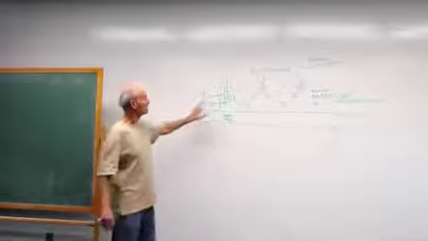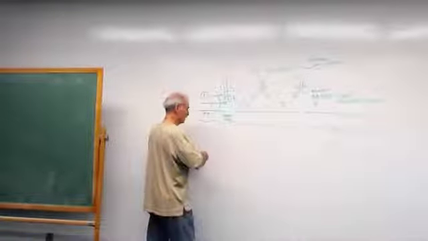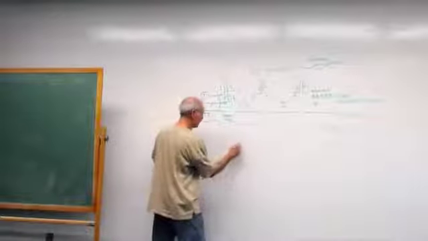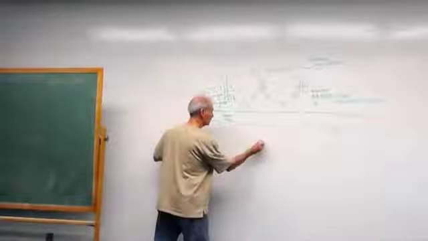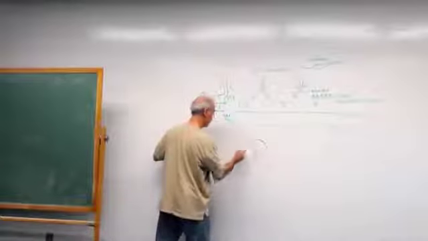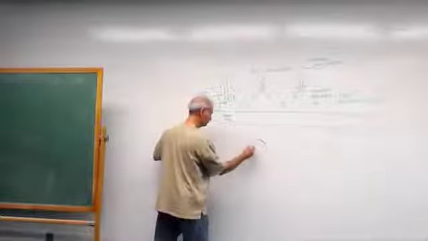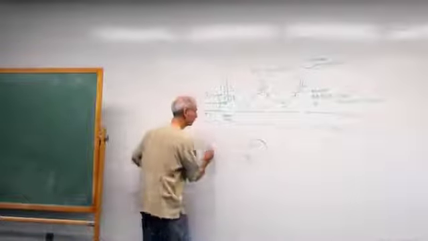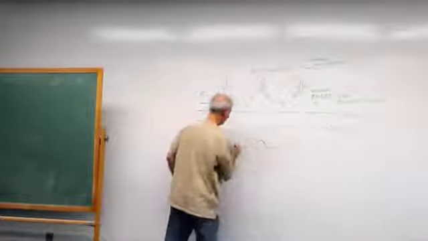So let's back up one more step. Before there are any ribosomes, you have the RNA polymerase going along. This is the exit port, and this is the DNA.